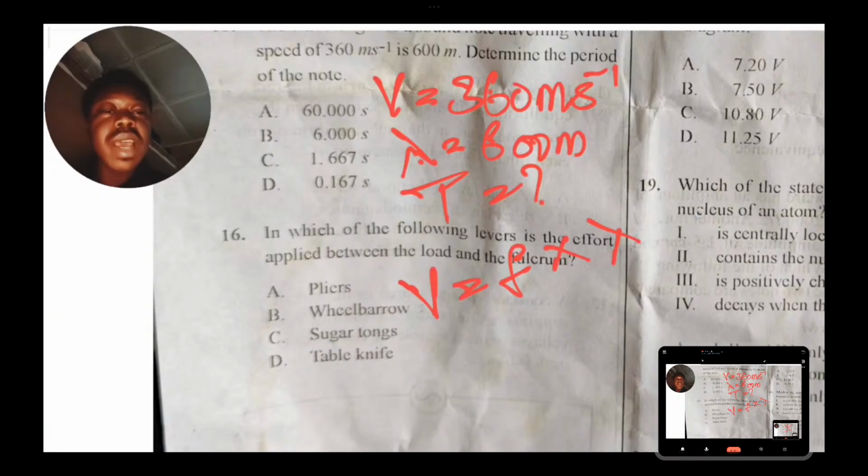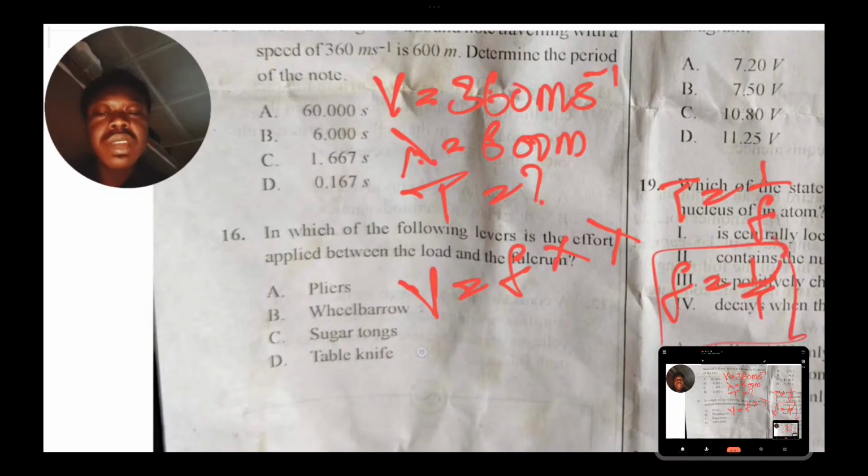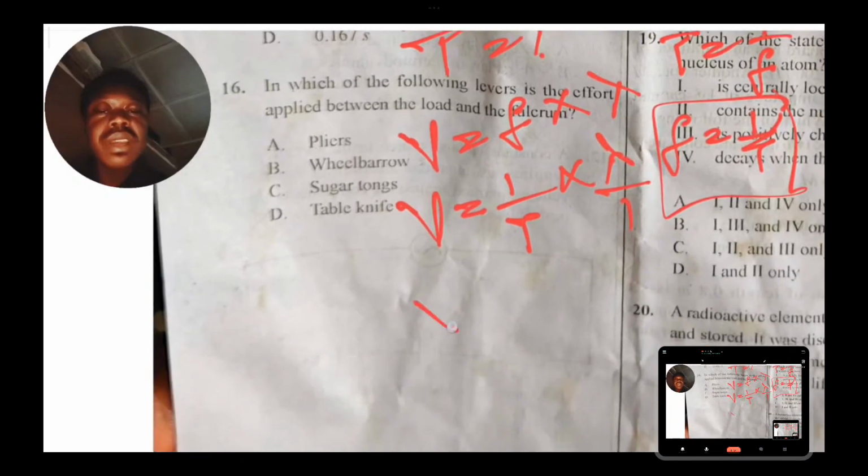I will know that T equals 1 over F. Exactly. Hence, F equals 1 over T. We can substitute this, so that I'll have V equals 1 over T times lambda over 1. So V will now equal lambda over T.